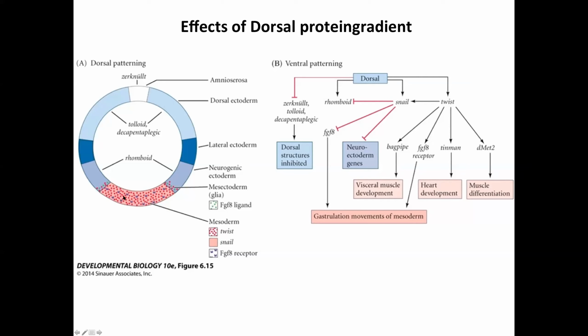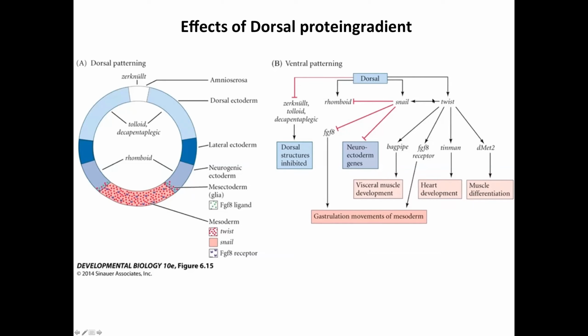So snail is going to be repressing ectodermal fate, whereas the activation of twist is going to be activating mesodermal tissue development.